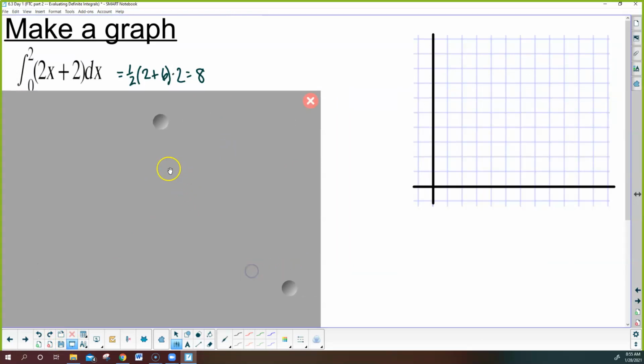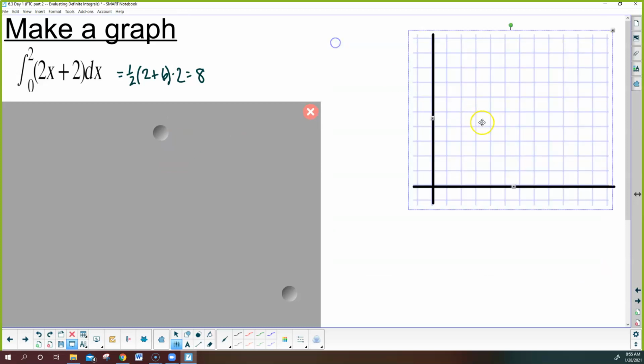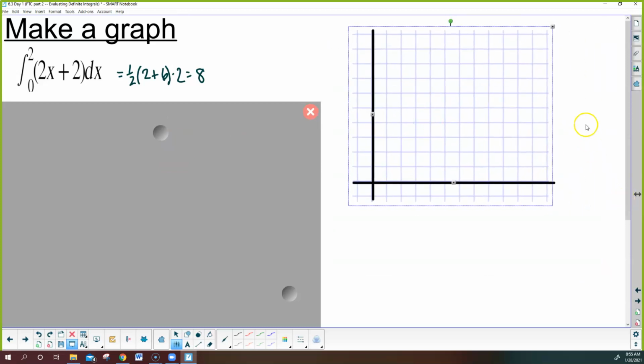And I don't want you to write this either. We're just developing, and that's part of what we need. If you do ever want to go back and look at these notes, you can. But once we develop this little shortcut, you're never going to have to do this area piece for problems like this again. So let's take a look at how we got the answer of 8 and where 8 comes from.